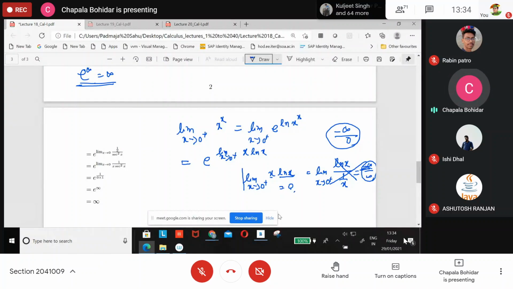So e to the power, don't forget to write e to the power 0, that is equal to 1. Clear now? It is clear? There is no procedure here, minus infinity by something.